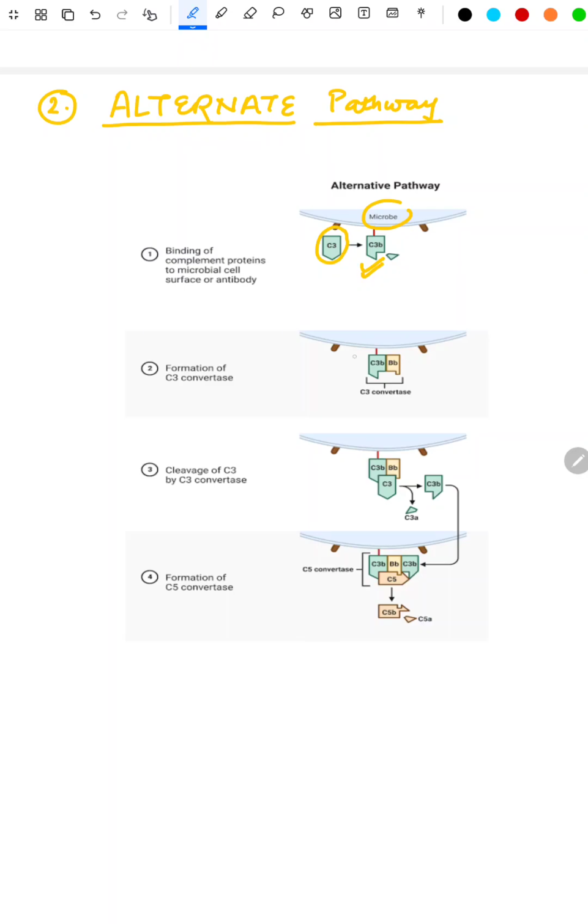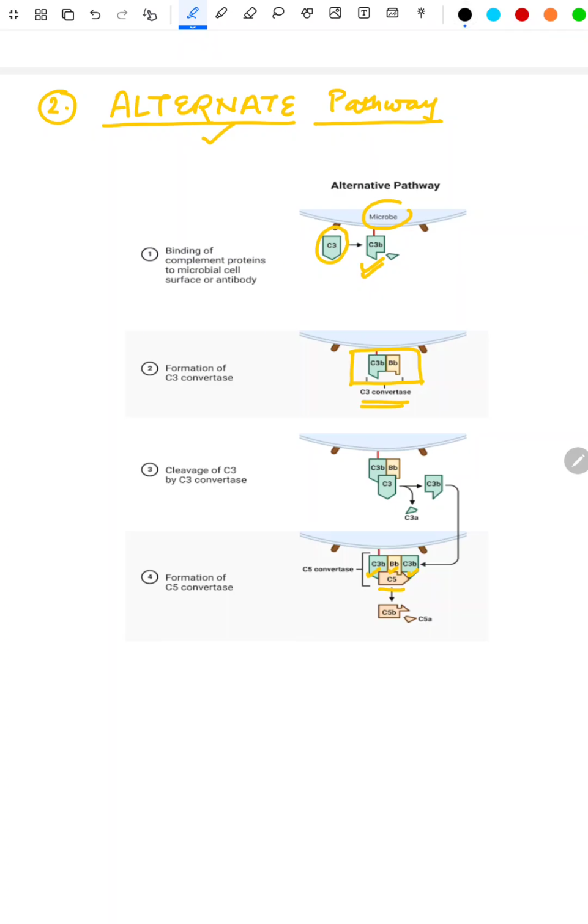So now C3b and Bb is called the C3 convertase under the alternate pathway. Now this will bind to C3 to convert it into C3a and C3b. So now we have C3b, Bb, C3b, which is the C5 convertase, which will bind to C5 to convert it to C5a and C5b. And after that, the pathway is just the same as the classical pathway.